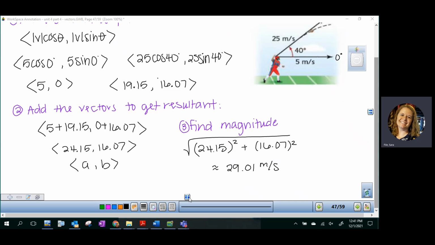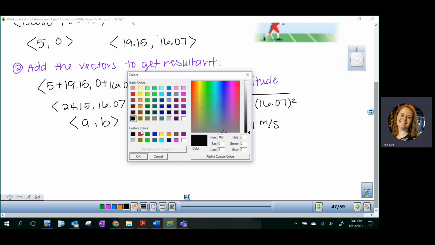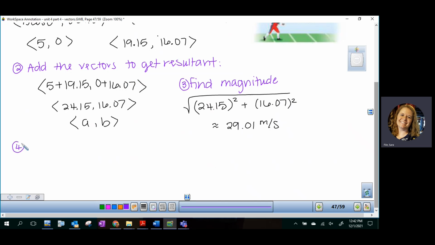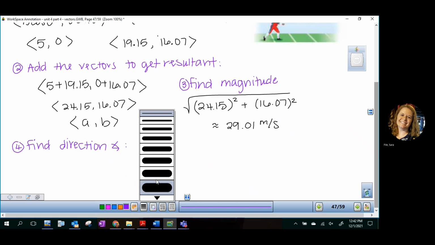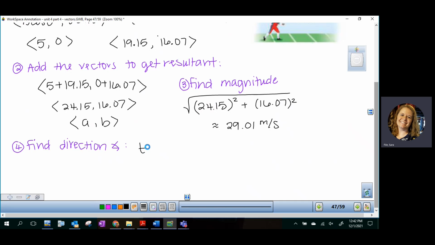All right, now we have the magnitude, we need the direction. Okay. So for the direction angle, we said from component form, we can use tangent of theta is b over a.